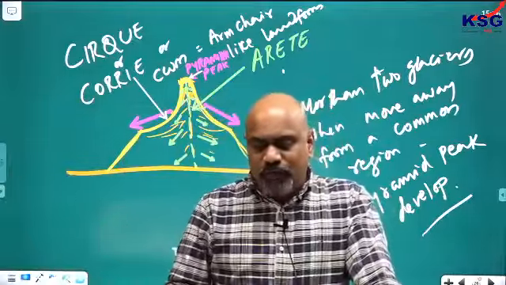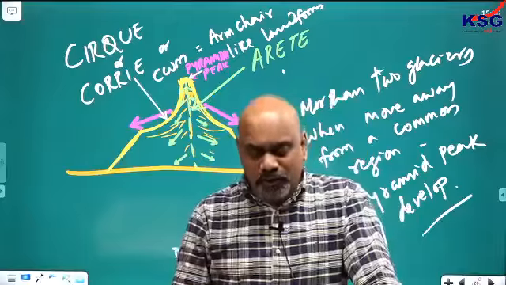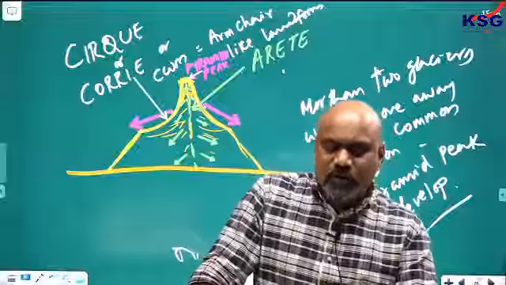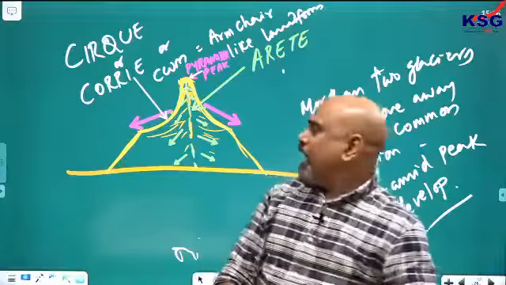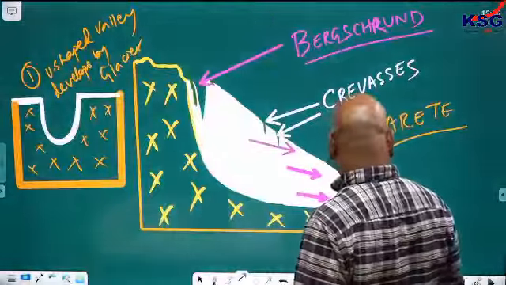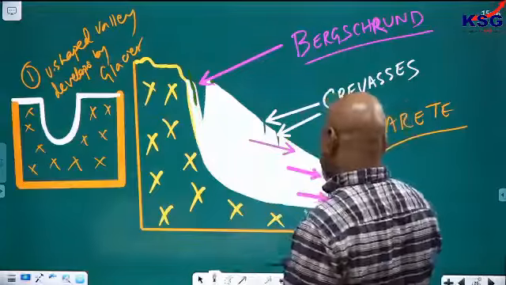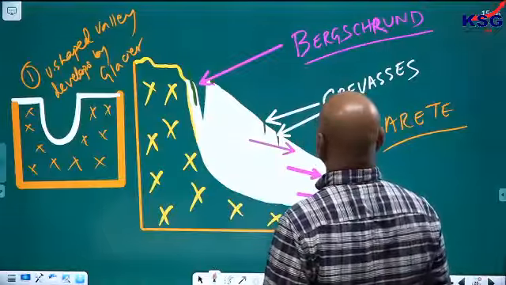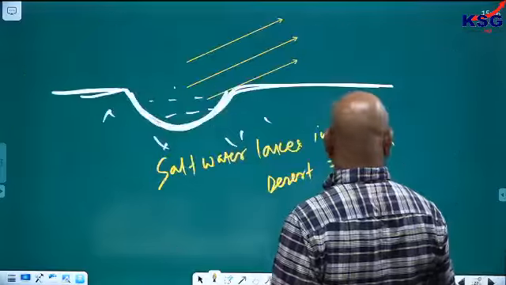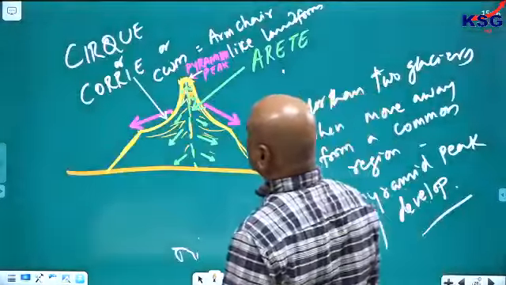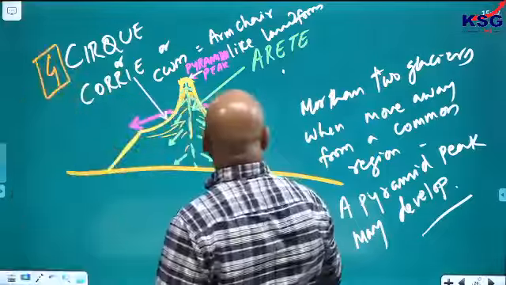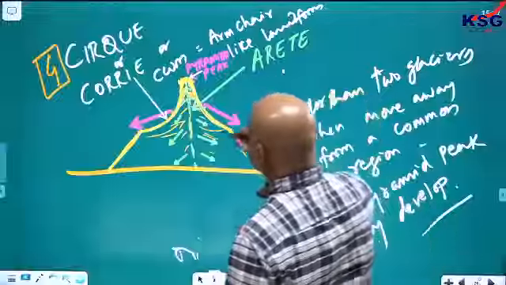So one more landform in the upper reaches. In the lower part, what will you get? Okay, in the upper valley you will also have another one, the hanging valley. Hanging valley is another one. So what is the number here? I said third is arête, fourth is sark or corrie, fifth one is pyramidal peak.